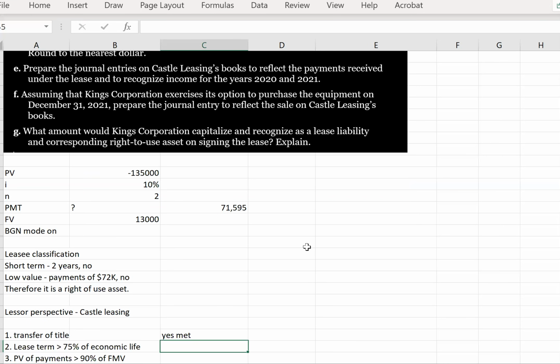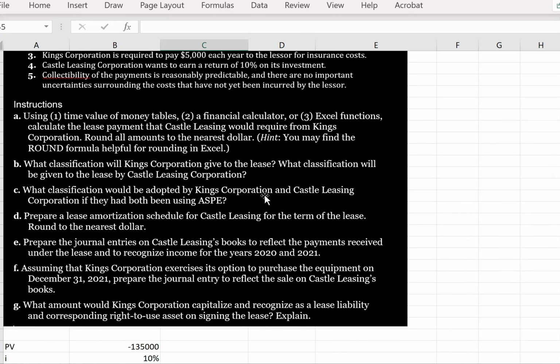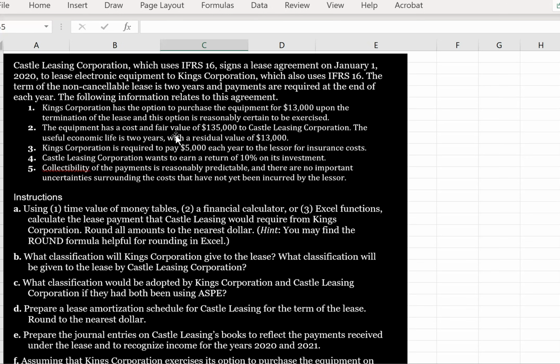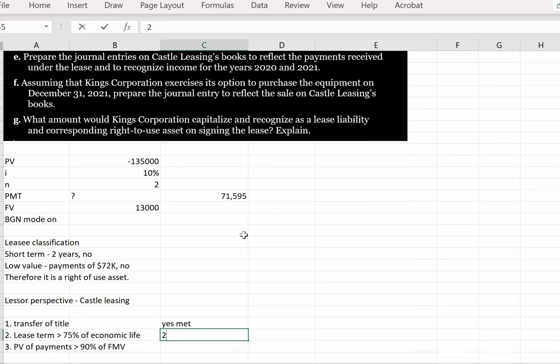Is the lease term the majority of the life? We know the lease is 2 years. What's the economic life of the equipment? The useful life is 2 years, so it's a 2-year term. 2-year life equals 100%, so this is met. And the present value of the payments, which is going to be the present value of the lease, is 71,595, compared to the fair value of the equipment.